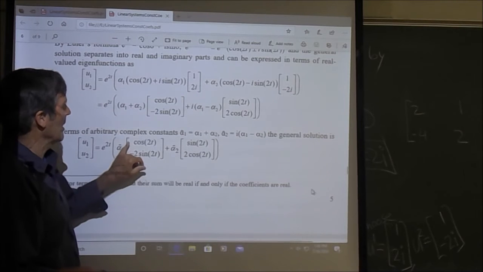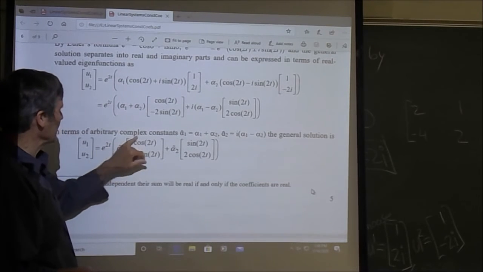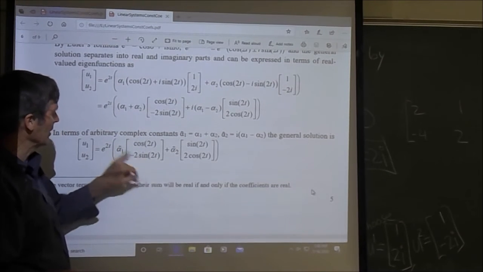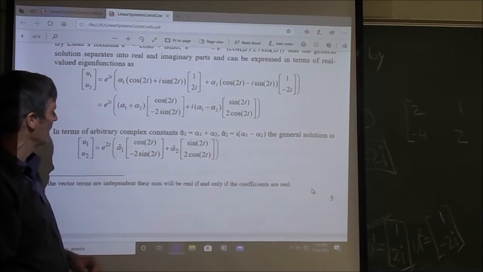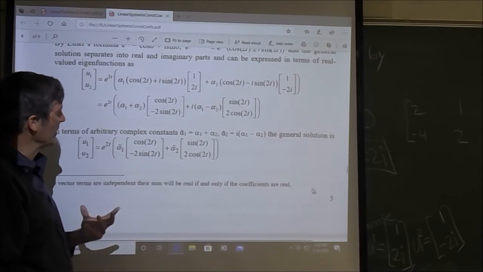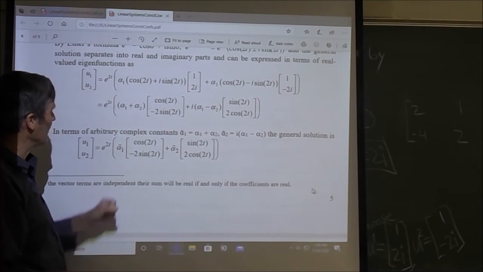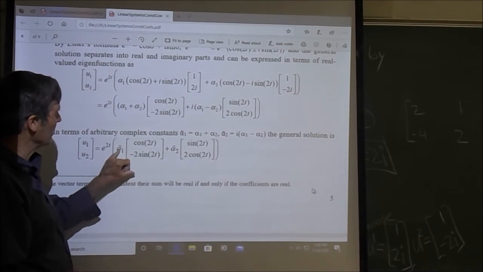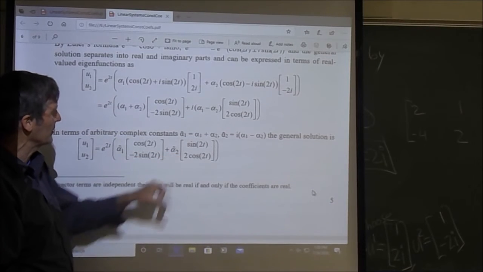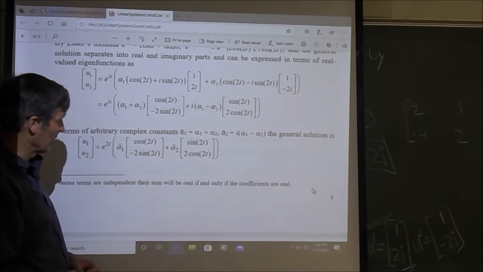But now, e to the 2t (cosine minus 2 sine) is real. E to the 2t times this one is real. And what we realize immediately is that the subset of these things that are real valued are obtained precisely by choosing alpha 1 tilde and alpha 2 tilde to be real.